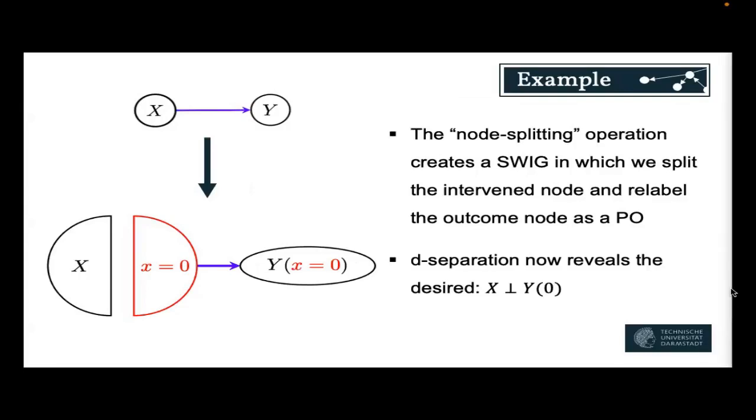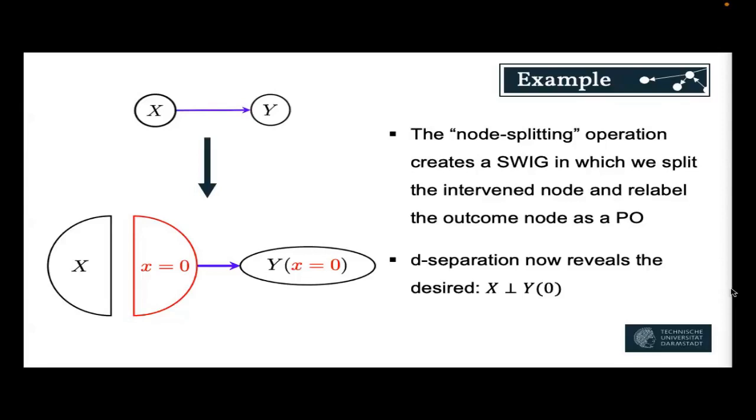And what they introduced there conceptually, amongst many other things, for the single world intervention graph was the node splitting operation. A node splitting operation creates a SWIG from a regular causal graph, as we know it in the Perlian sense, in which we split the intervened node, for example X, say X is the treatment, and then relabel the outcome node as a potential outcome.